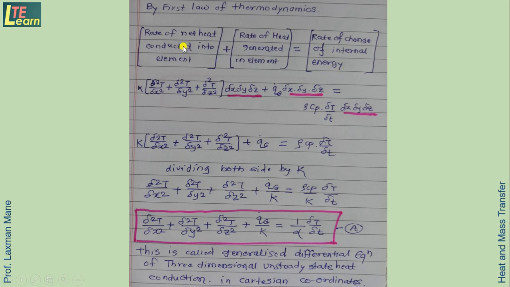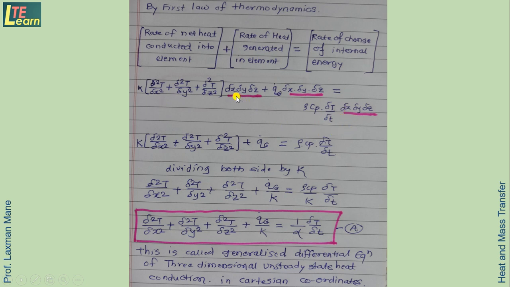So we can put the expressions for these three which we got in earlier slides. First, the rate of net heat conducted is K into this bracket into elemental volume, plus this generated heat is equal to the rate of change of internal energy.